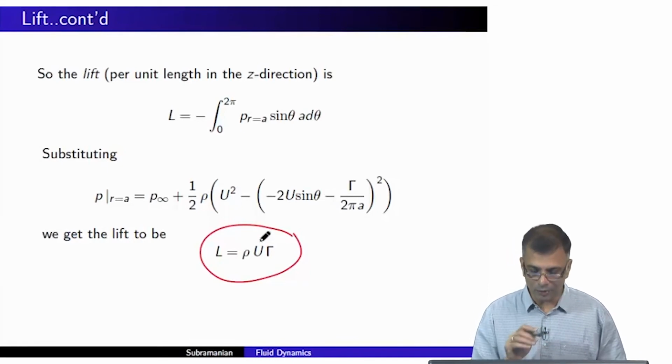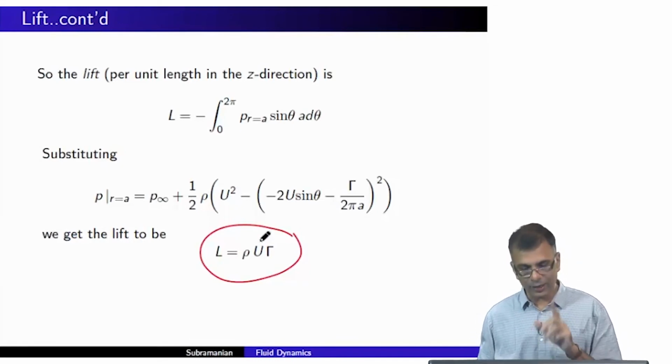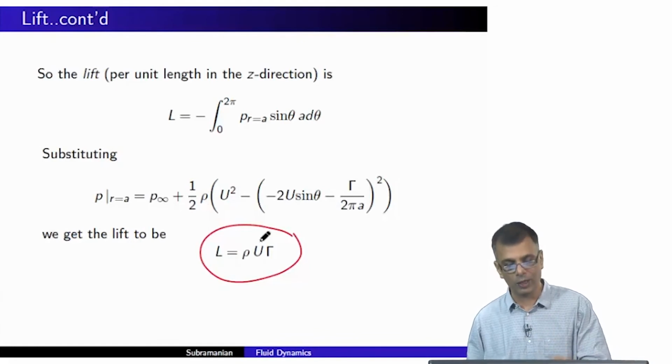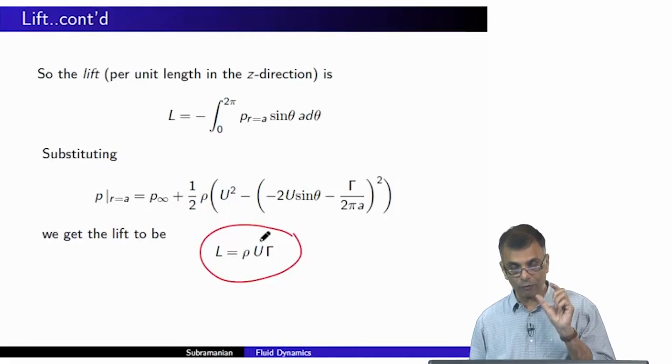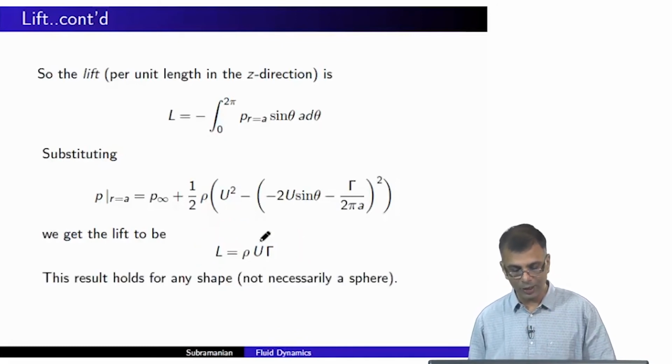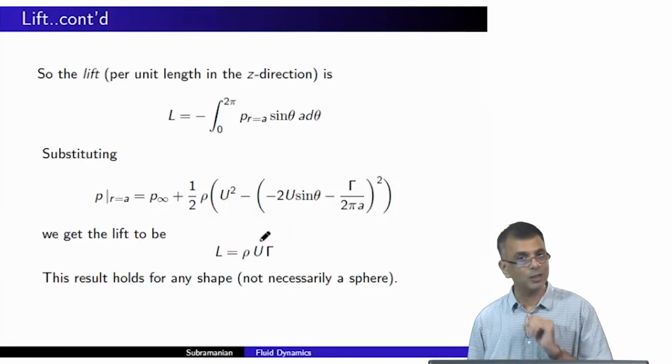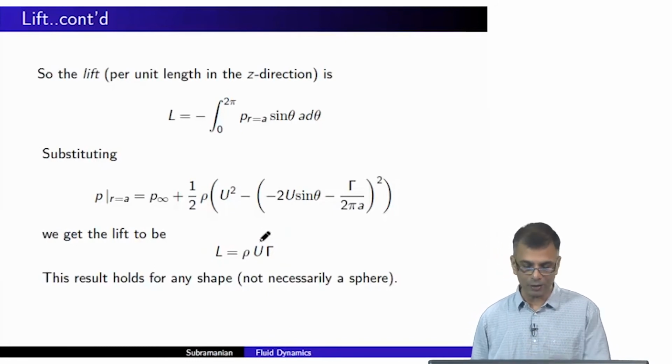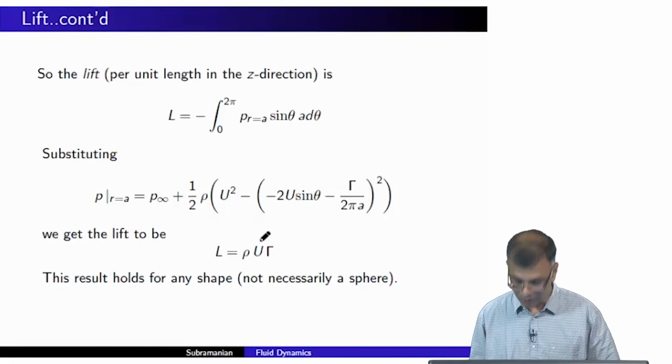Okay, and so this lift, as it turns out, although we have derived this particular result only for a spherically symmetric situation, this result actually holds for any shape, not necessarily a sphere. And this particular thing I am not going to show you, I am simply stating it.